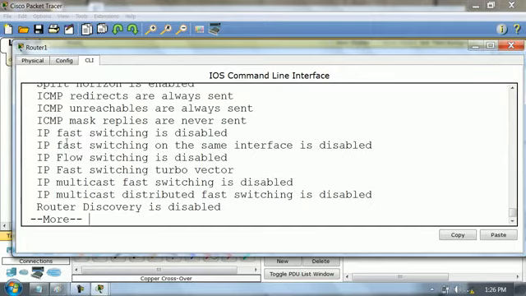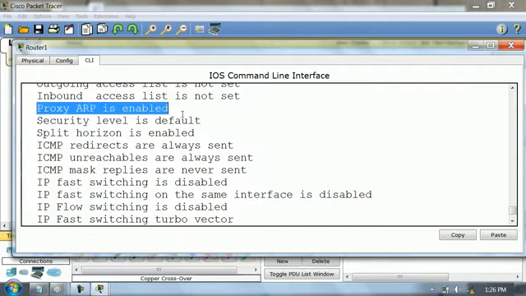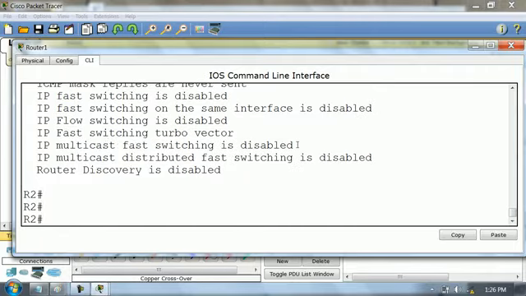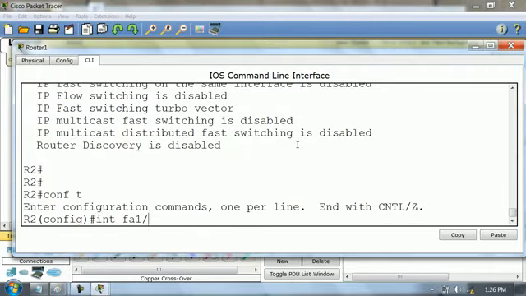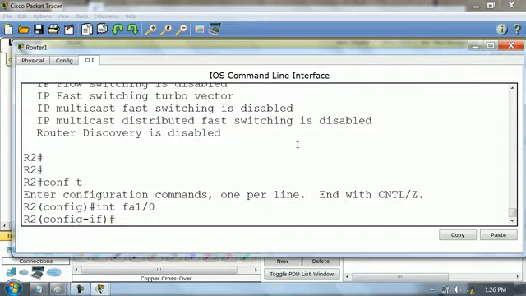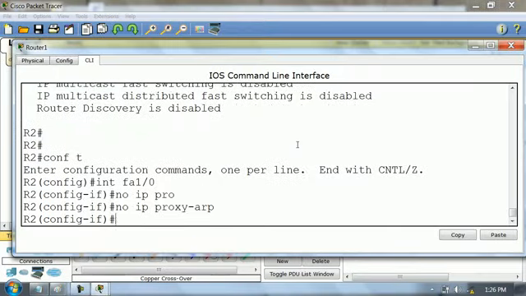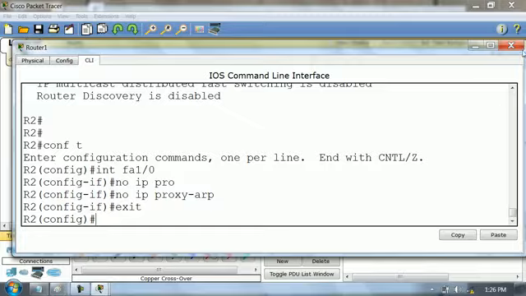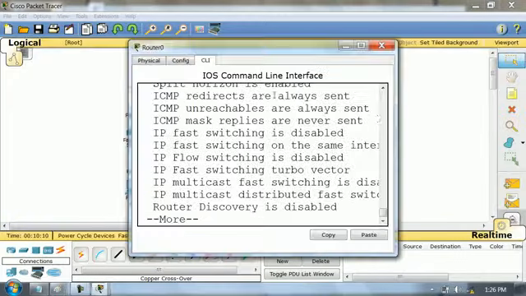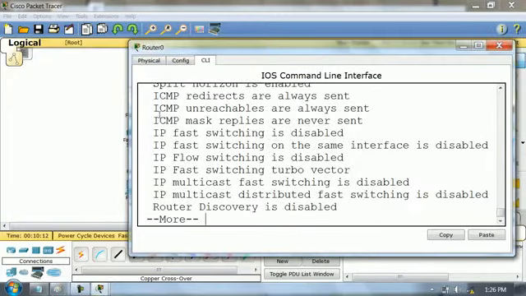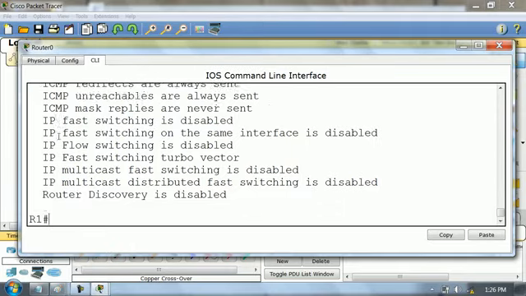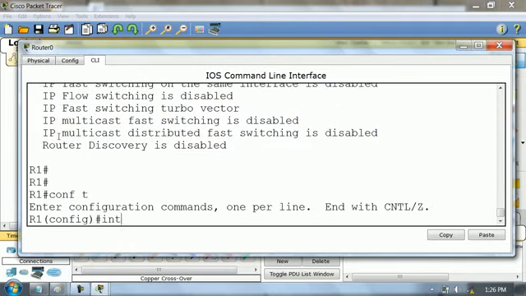Proxy ARP is enabled. How to disable it? No IP proxy-arp. Fine. No IP proxy-arp.